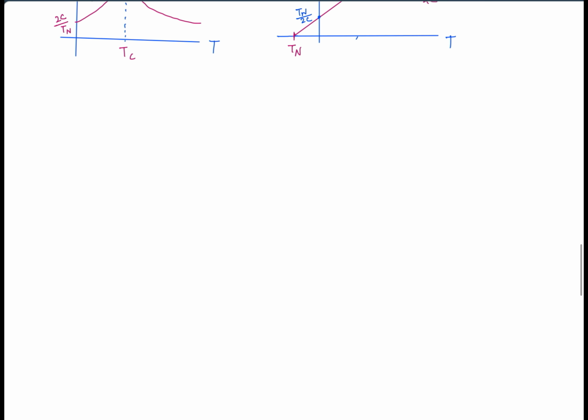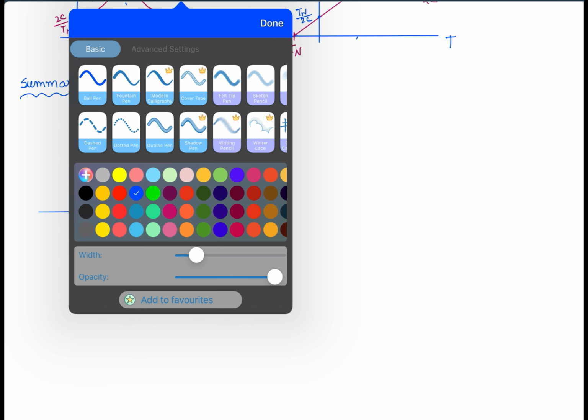So for the summary, we write the chi versus temperature curve for all 4 types of materials.